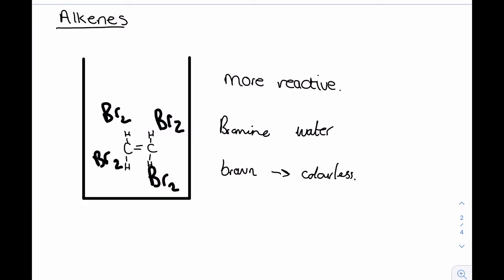So if I was to have done it with an alkane, the bromine water would have stayed brown. And the reason is because alkenes are more reactive. So they will react with the bromine water to make it go colourless, but the alkanes aren't reactive enough, so they won't be able to make the colour go colourless. It'll stay brown.